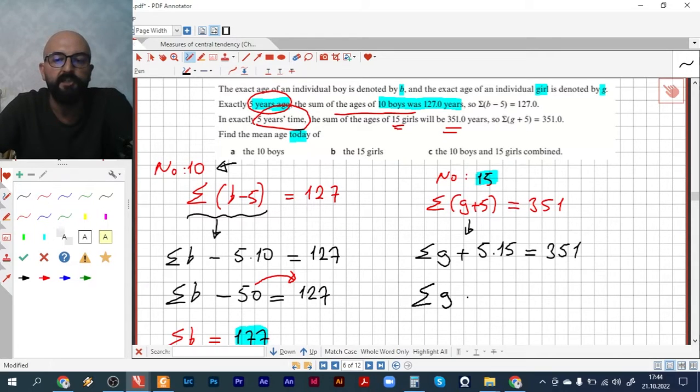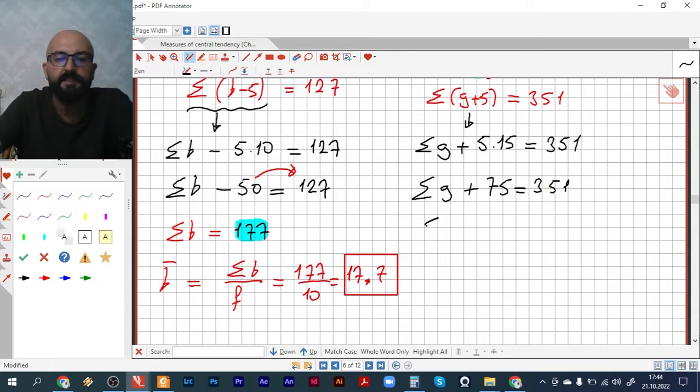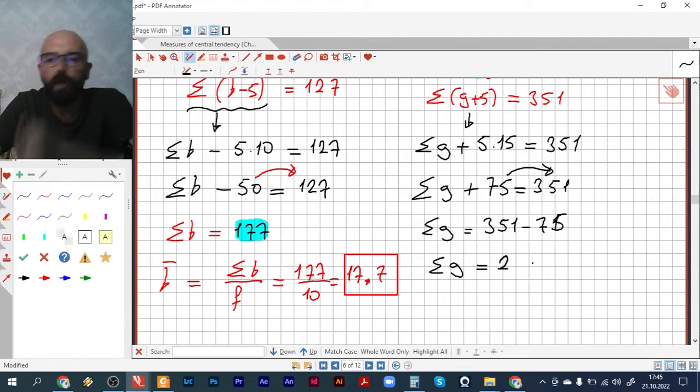The sum of G plus 75 and 351, and the sum of G, if I want to carry out the 75 to the other side of the equal sign, it becomes minus 75. So the sum of G is 276.